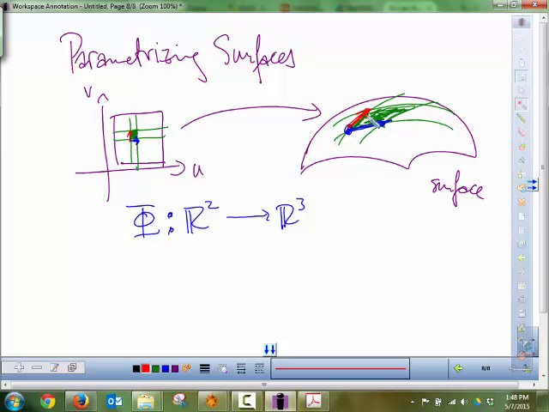Okay? Is that okay so far? If I were to take this vector over here and map it using this function, then I'm going to get that tangent vector.